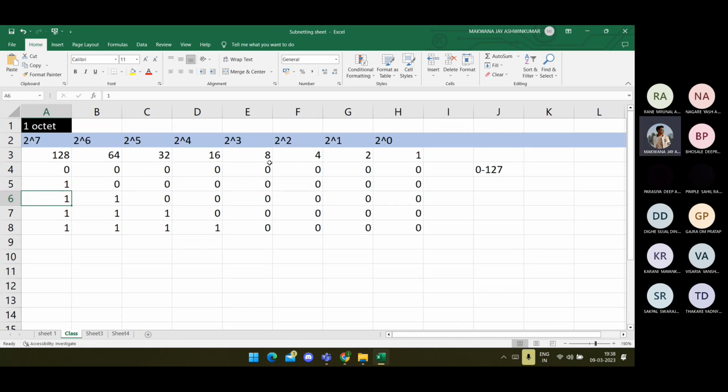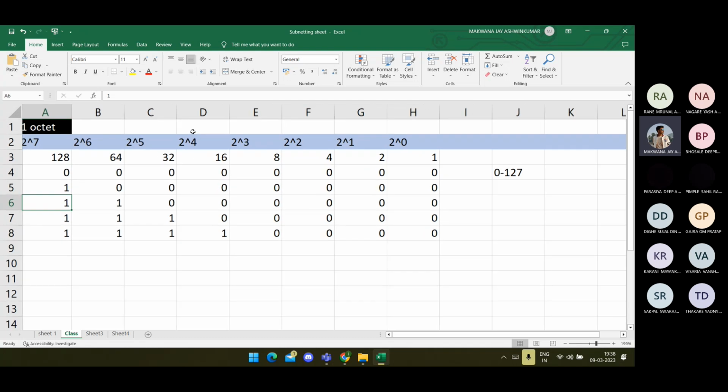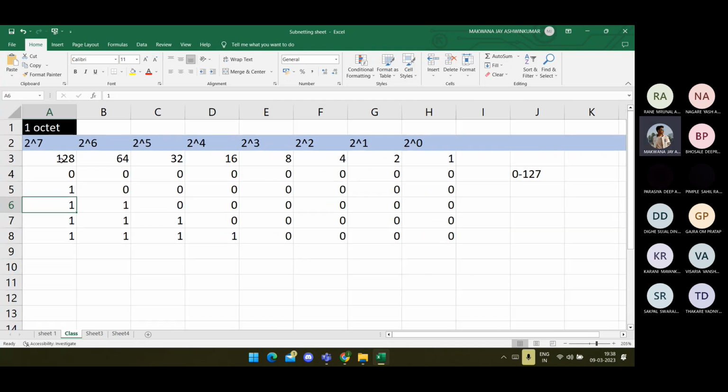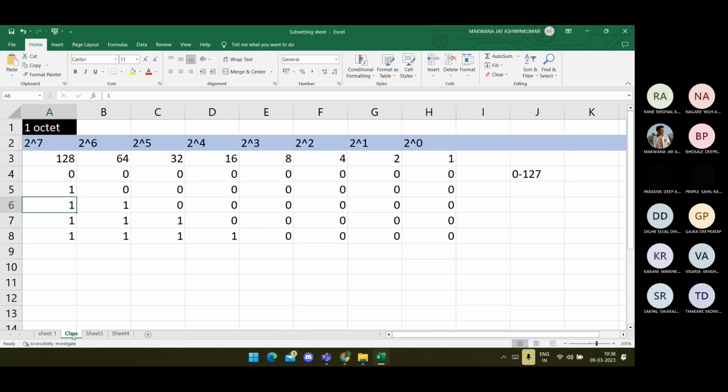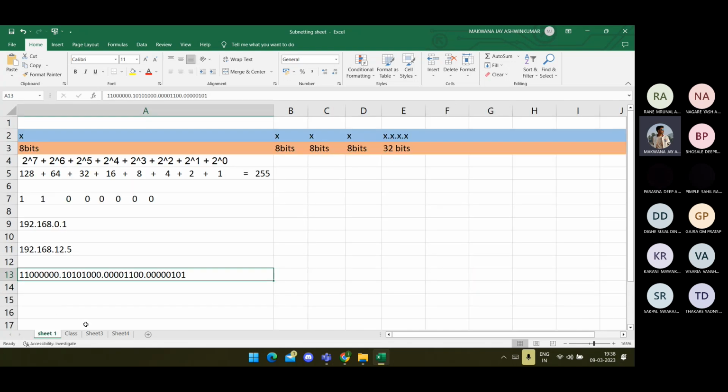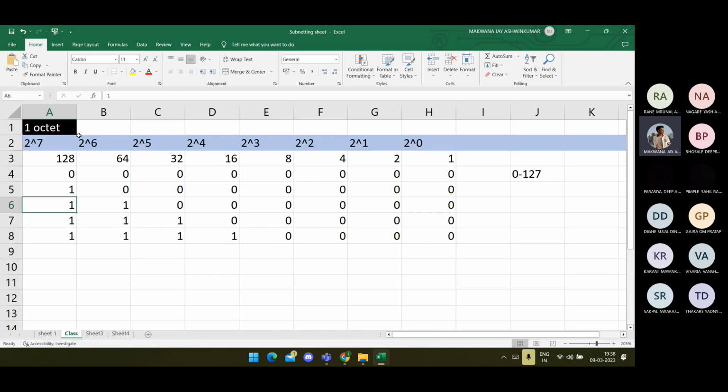Now this is how the classes are made by the IANA. These are the bit-wise calculations we have done before, and I have written the values: 2 raised to 7 is 128, and the same goes for the others.